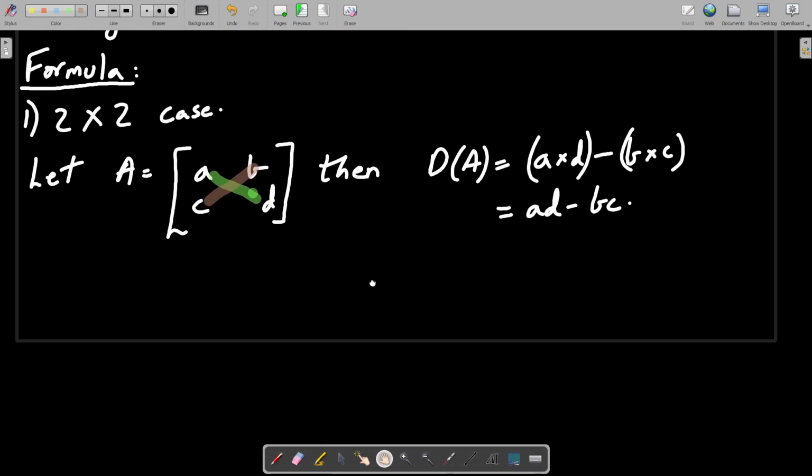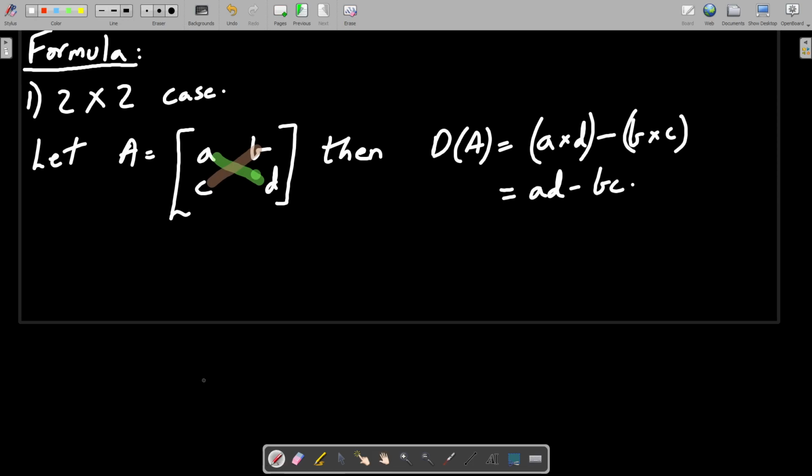Yeah, I should have mentioned that for 1 by 1 matrices also the determinant is there. 1 cross 1 case, we won't be using this much, but it's better I mention it.